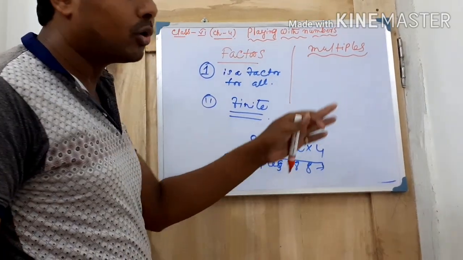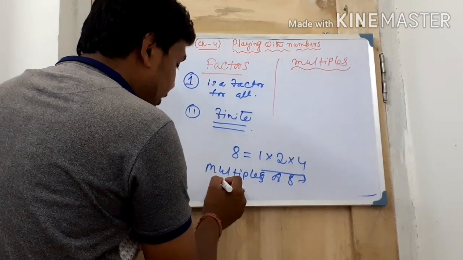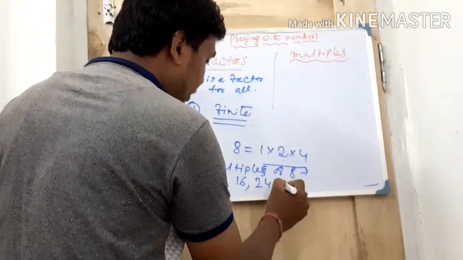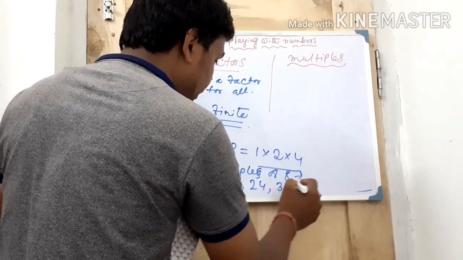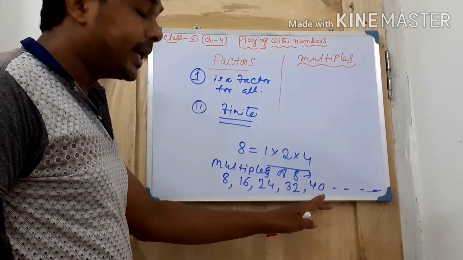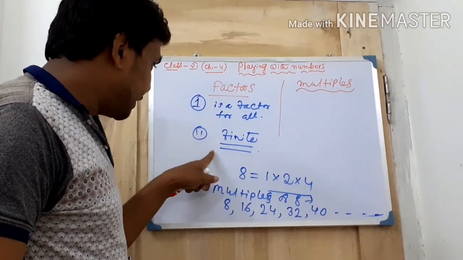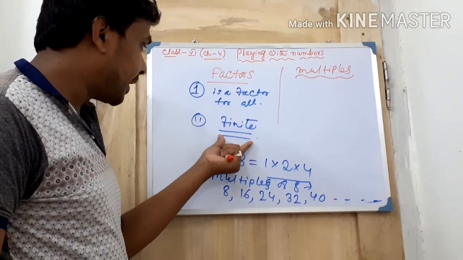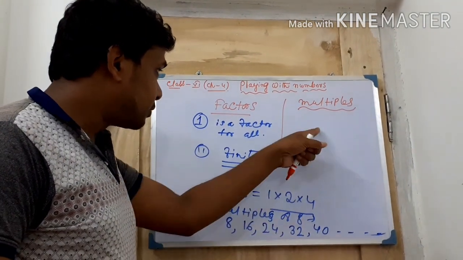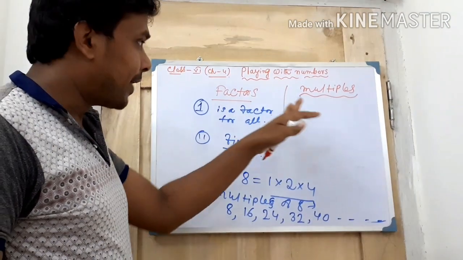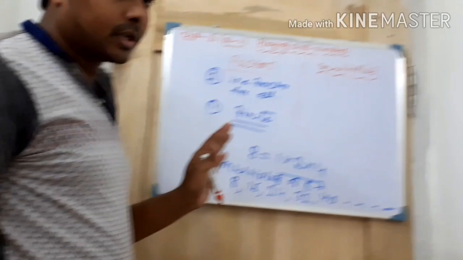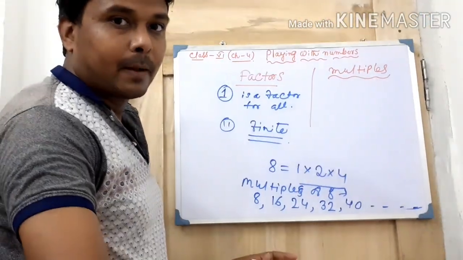That means there is no ending here: 8, 16, 24, 32, 40 and so on. So factors are finite, that means you can count how many factors we are getting here. But multiples are uncountable, multiples are never ending. So from these two things we can get the idea.